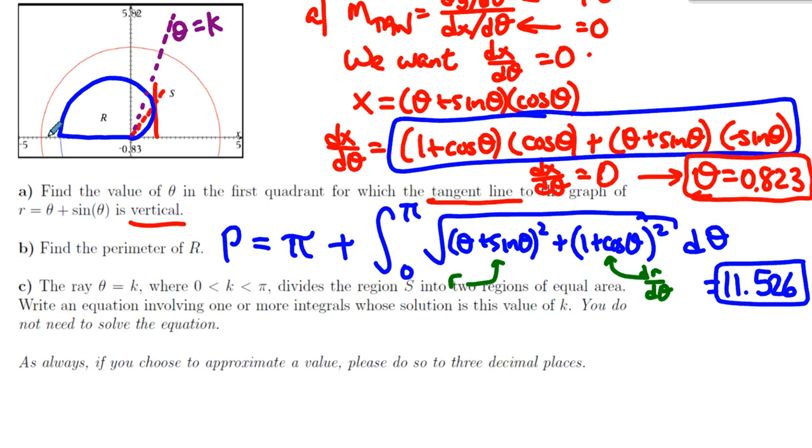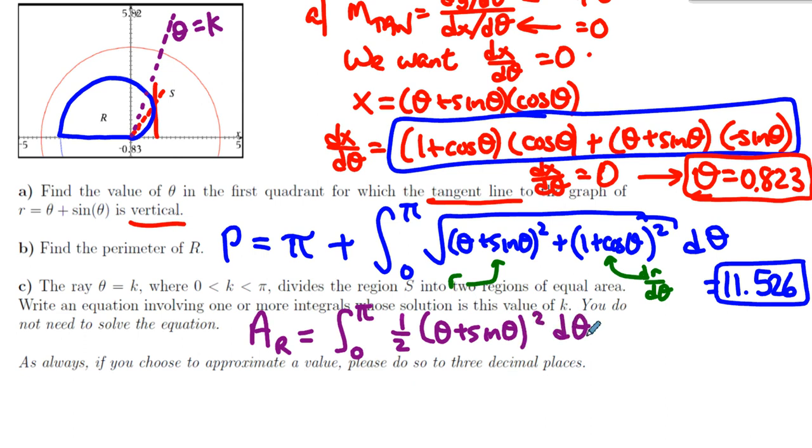What do we have to know? Well, the region S is this semicircle with that area taken out. So we have to know what that area is. The area of the region R is the integral from 0 to pi of 1/2 r squared d theta. And any calculator will tell us what that area is.